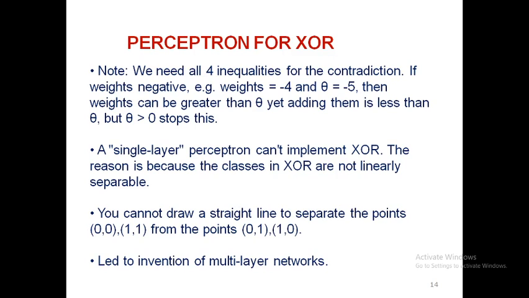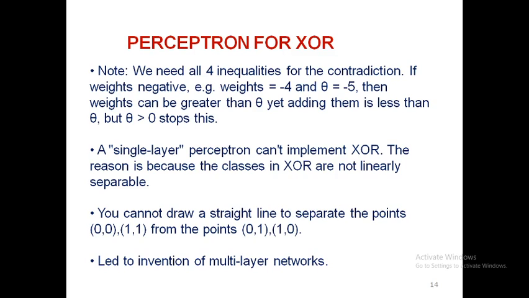So any one equation among all the above four equations will stop that neuron from firing. So that is a contradiction. That's why a single layer perceptron cannot implement the XOR gate. The reason is because the classes in XOR are not linearly separable. Classes means you have four groups or four combinations, right? Those are not linearly separable.